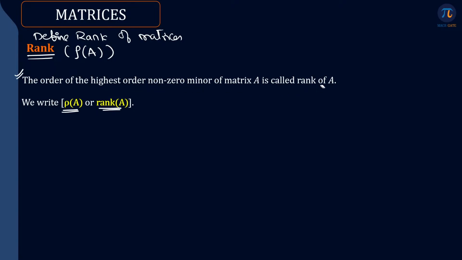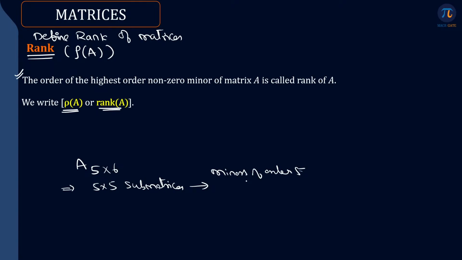Am I clear? So, whenever you have, say, a 5 by 6 matrix, you start with all 5 by 5 submatrices, as I told you now in the examples. Then find their determinants. Then you are going to get minors of order 5.